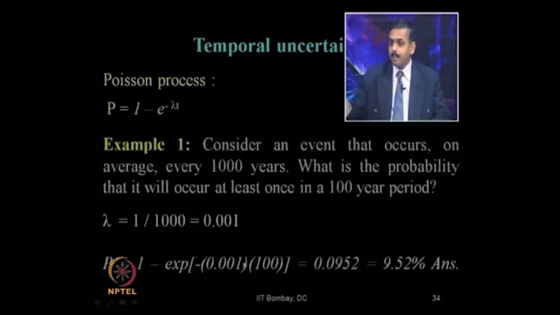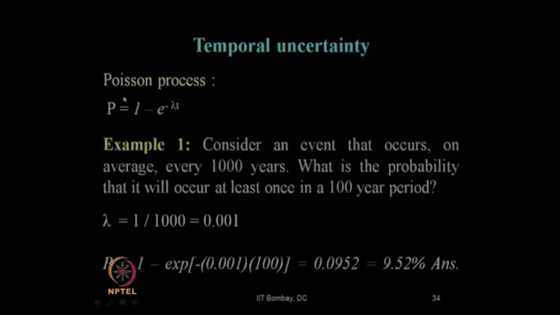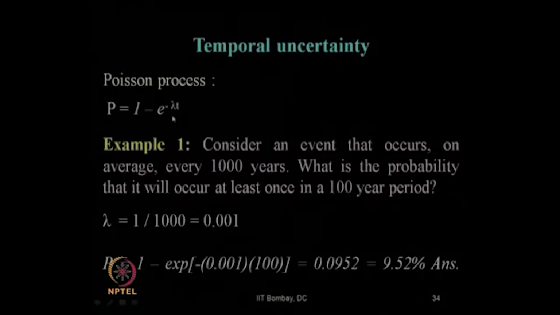Okay. Now, let us see a few examples of application of this Poisson's process, where the event will occur at least once. This is the equation for the probability of occurrence of an event at least once. We have already derived that. So, suppose a problem is given to us like this: consider an event that occurs on average every 1000 years.